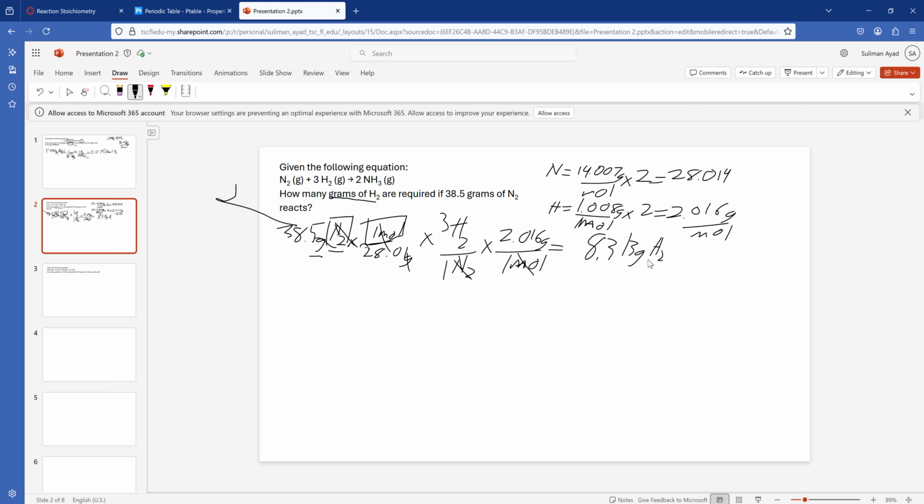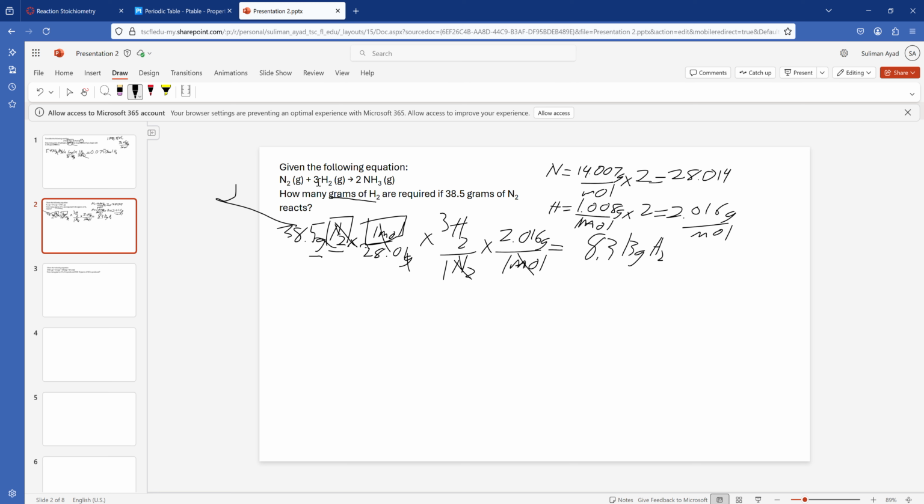Now, it looks like we need way less hydrogen than nitrogen in order to make this reaction work, but I think that's okay because hydrogen weighs significantly less than the nitrogen does. Even though we need 3 times as many hydrogen molecules, I think that this is still a reasonable value.